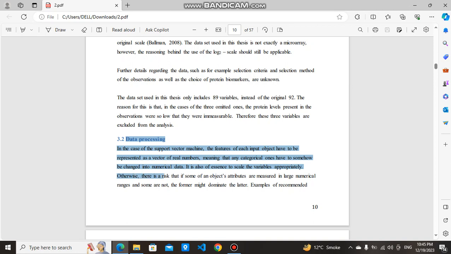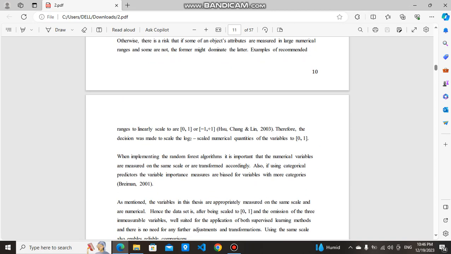Otherwise, there is a risk that if some of the object's attributes are measured in large numerical ranges and some are not, the former might dominate the latter. Examples of recommended ranges to linearly scale to are [0, 1] or [-1, +1] (Hsu, Chang & Lin, 2003).